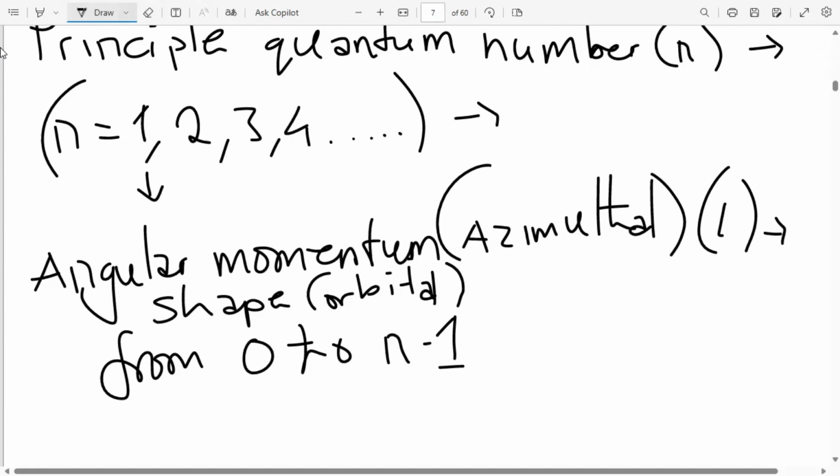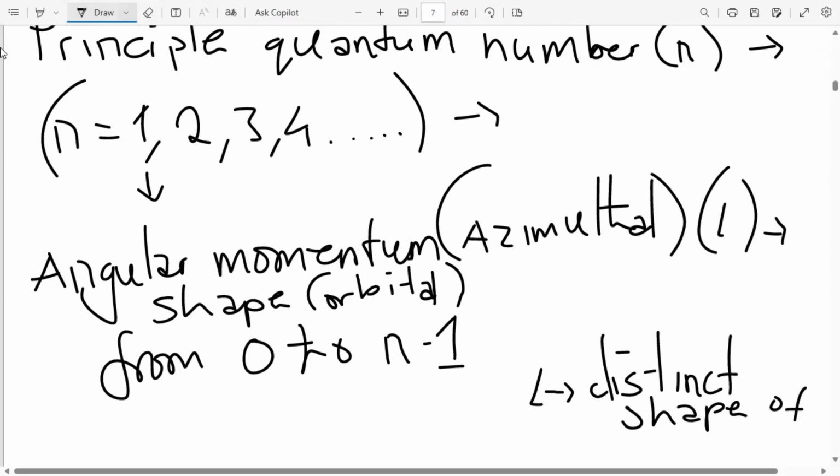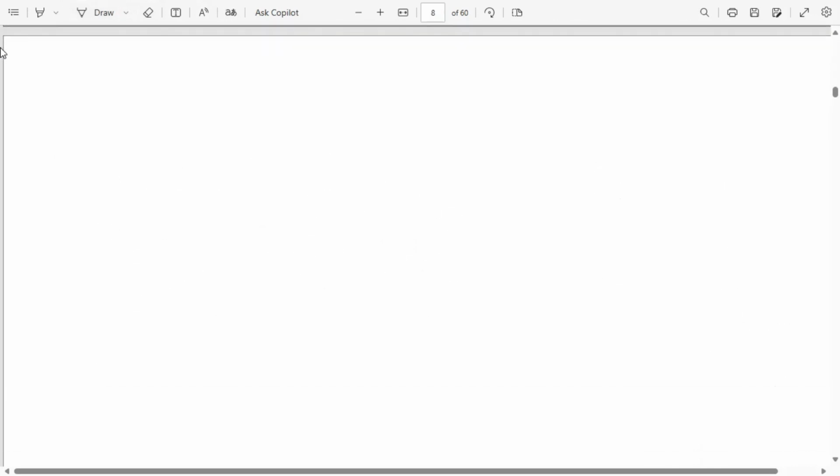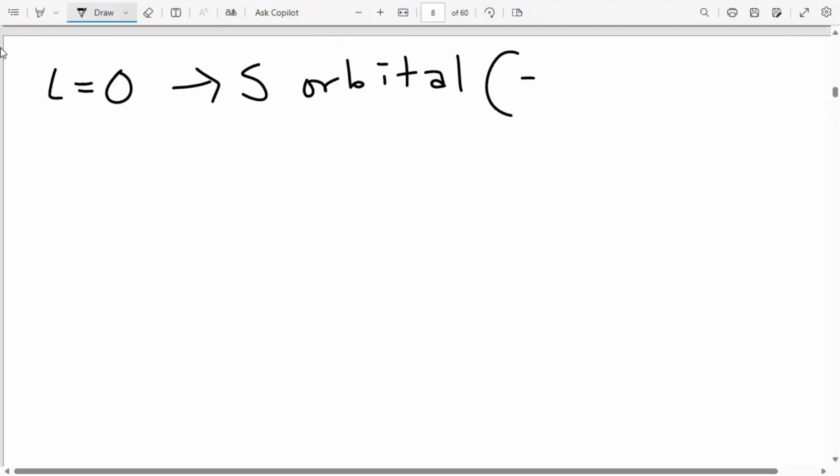Each value of L indicates a distinct shape of an orbital. For example, if L is equal to 0, since 0 is the lowest, this corresponds to an s orbital, which has a spherical shape.